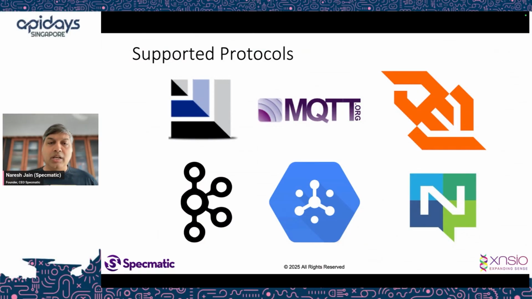Like I said, OpenAPI and AsyncAPI are kind of sister projects, but AsyncAPI started focusing on several protocols like Kafka, MQTT, Google PubSub, if you're doing JMS or things like that. And that's where you want to be able to specify protocol-specific and protocol-independent stuff in the same specification, allowing a clean specification.